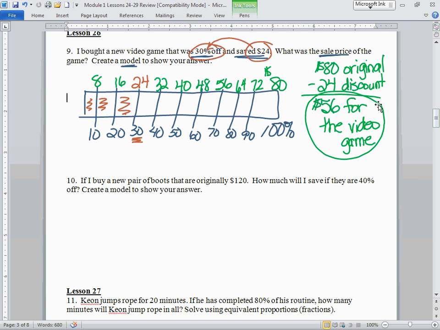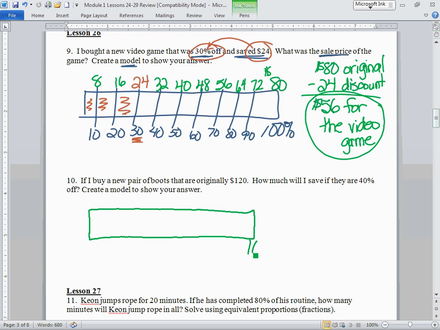Let's try number 10. If I buy a new pair of boots that are originally $120, how much will I save if they are 40% off? Create a model. So let's create our model.